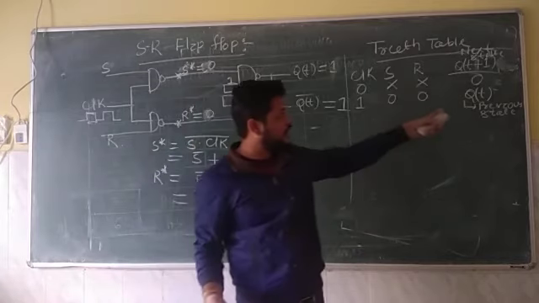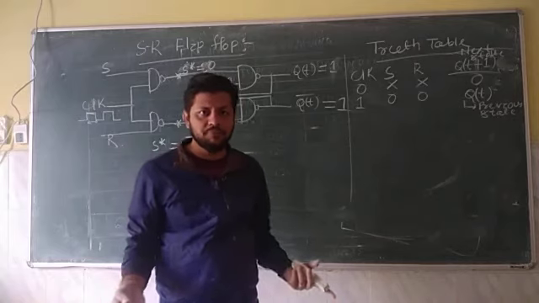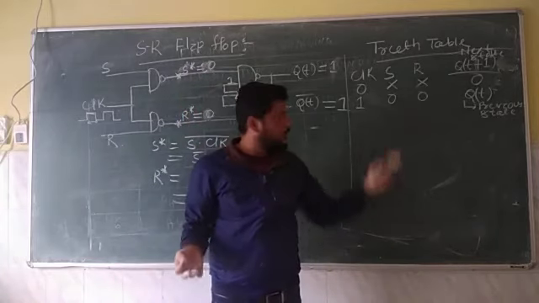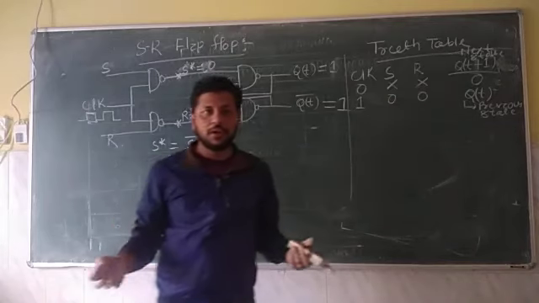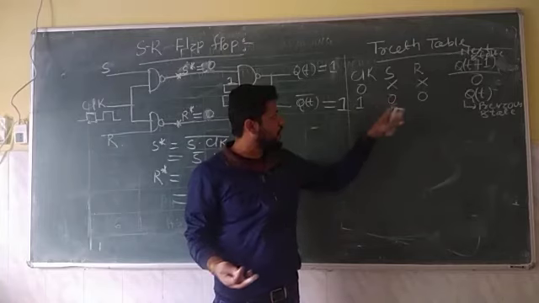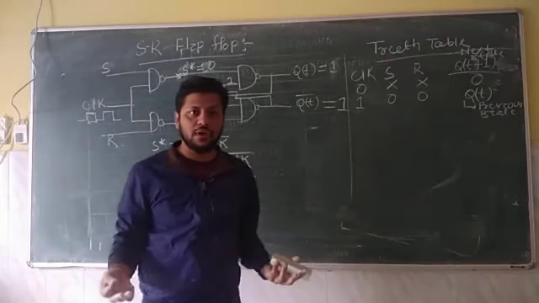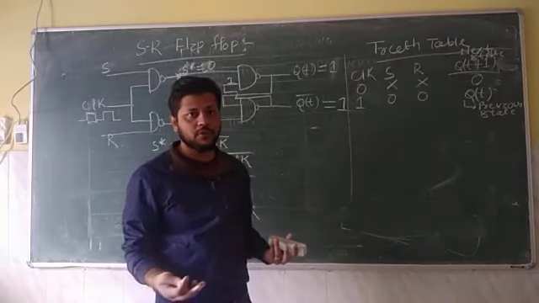That means the next state becomes equal to the previous state. If before applying this input the output is 0, then after changing the input, Qt plus 1 becomes equal to Qt.